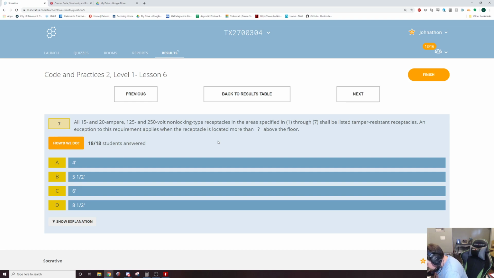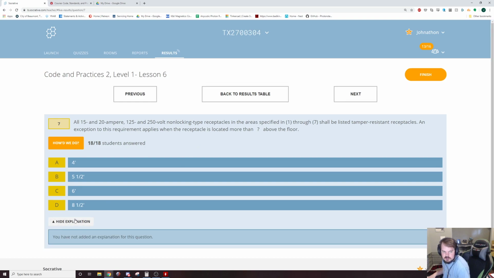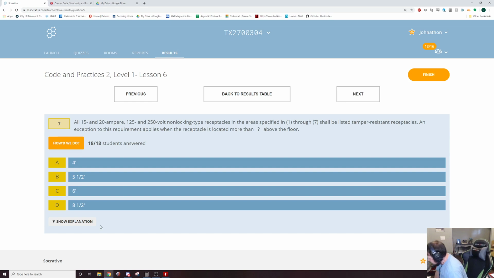Let's see. Controlled receptacle installation, non-metallic boxes. There's definitions. Non-grounding, arc fault. Tamper-resistant receptacles. I bet I have it listed.